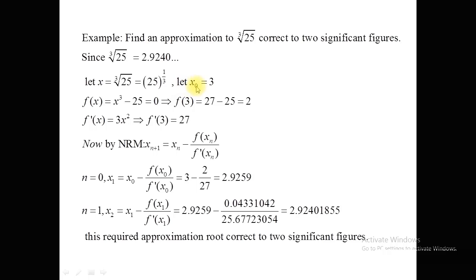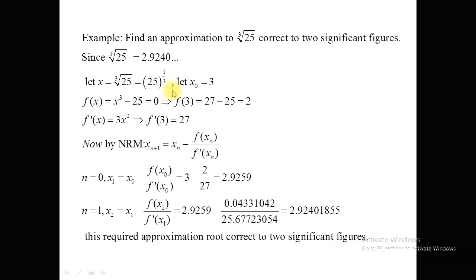Suppose x naught is 3. Dear students, we can take x naught under the condition that at x naught the function value is close to the right hand side value. Since on the right hand side the function is equal to 0, at this x naught the value of the function is 2, which is almost close to 0.